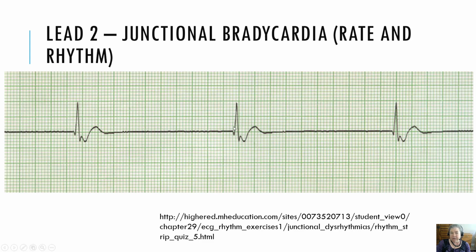And this pacemaker is being generated somewhere down the His bundle and then having to go back up to cause atrial repolarization. So the P wave is here hidden in the ST interval. And the rate is very slow.